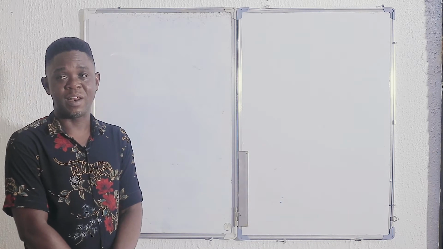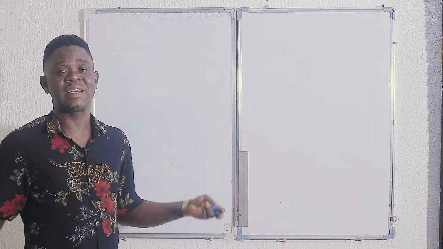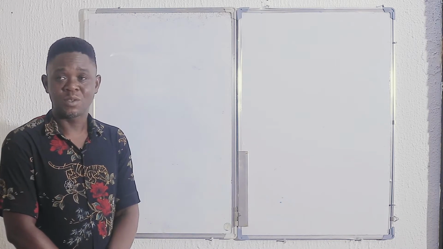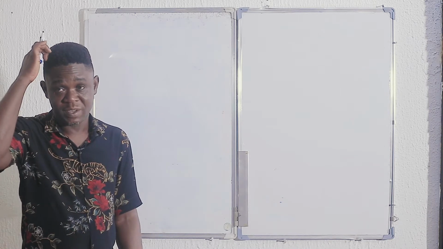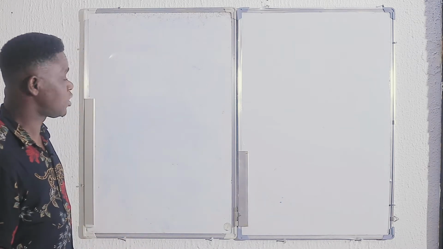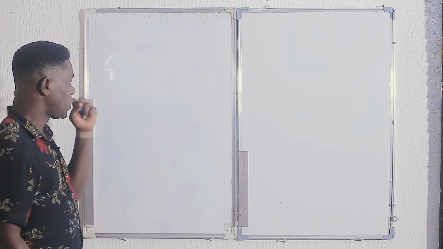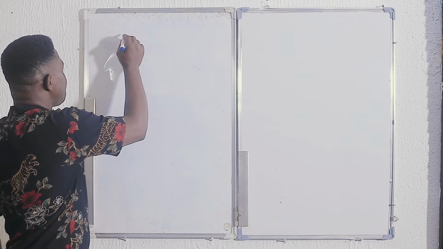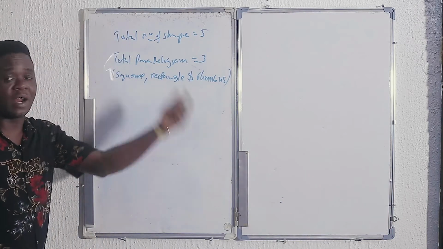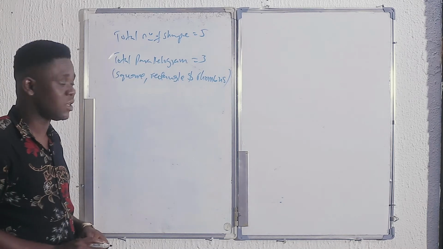A parallelogram is a shape that has its opposite sides parallel to each other. In the case of a trapezium and a kite, the opposite sides are not necessarily parallel to each other.